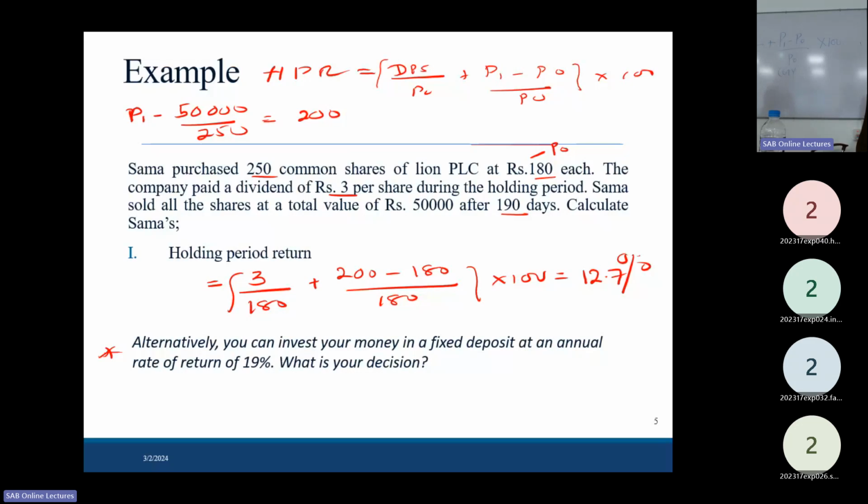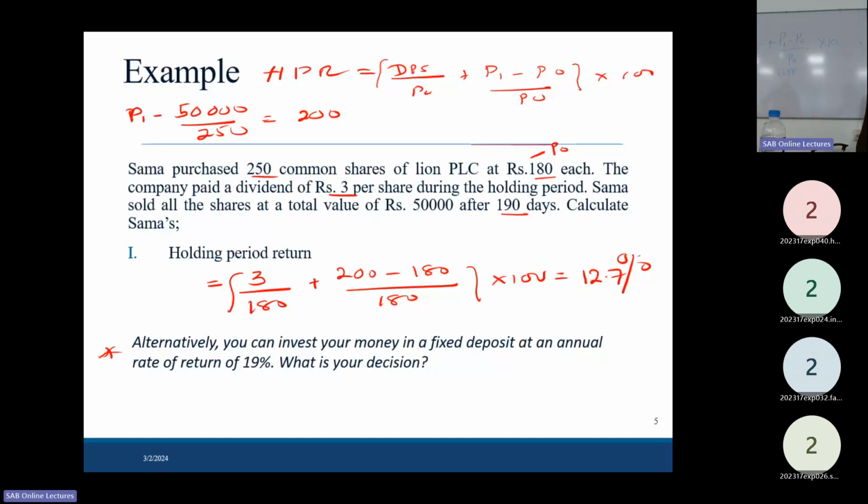Are you investing in the Lion PLC or the fixed deposit? What is the choice? If you go to the fixed deposit, 19%. But for this Lion PLC, your holding period return was 12.7. So your decision is the fixed deposit.